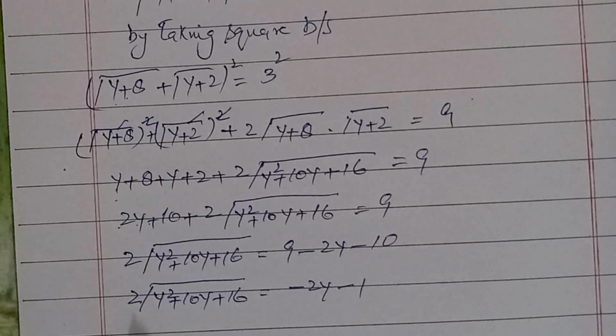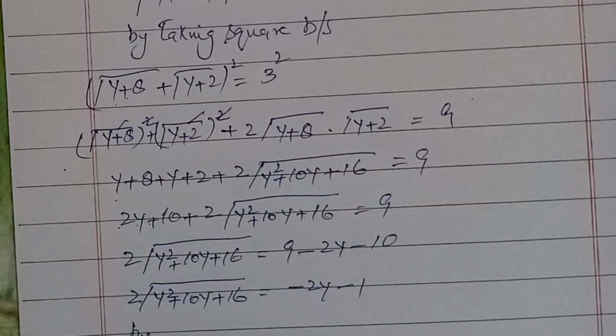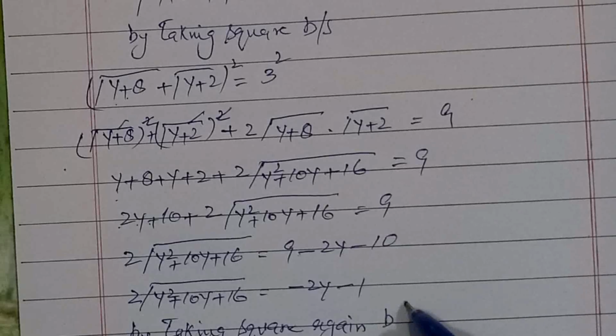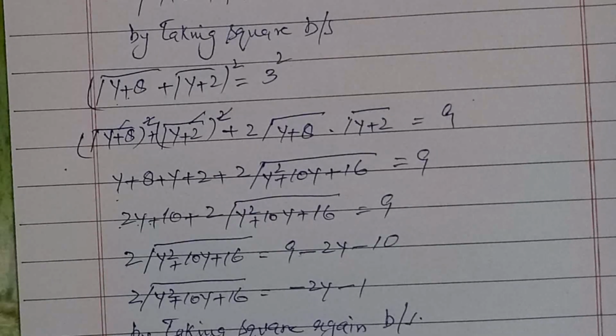And for removing the square root, we are taking square again on both sides, we get 4 times y square plus 10y plus 16 is equal to (minus 2y minus 1) whole square.